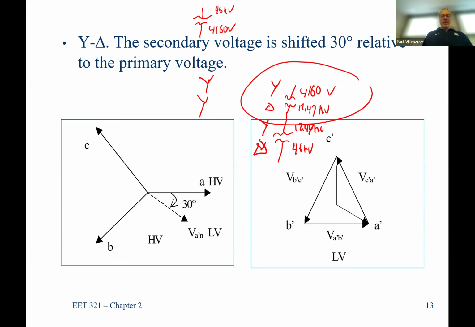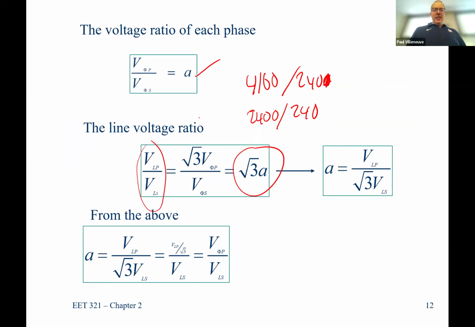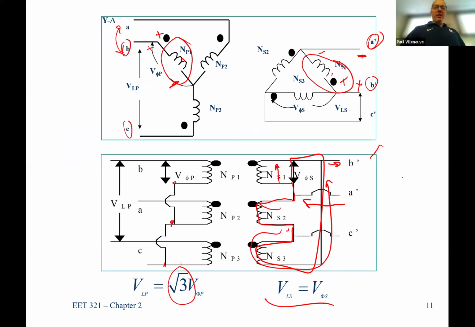And the reason why you have that 30-degree phase shift is kind of hard to see. But remember, if I'm looking at this voltage over here, which has VA on the primary minus, we'll call it VC, that's that voltage over here.